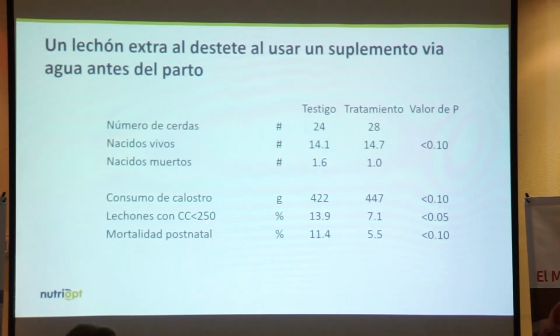So it is important that every piglet has a minimum colostrum intake of 250 milligrams, because that is the amount that is needed to have a good survival rate. And you see that we could halve that in this trial, and we could also reduce the mortality until weaning from 11 to 5.5%.